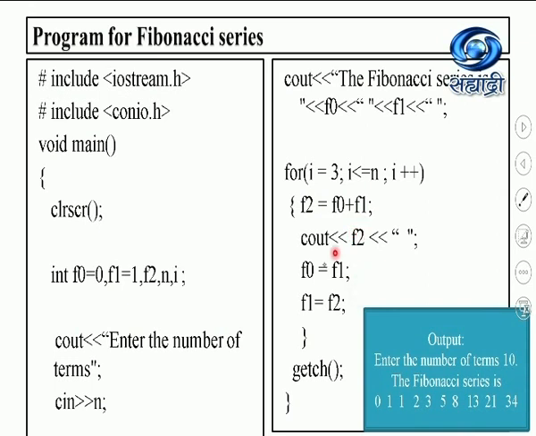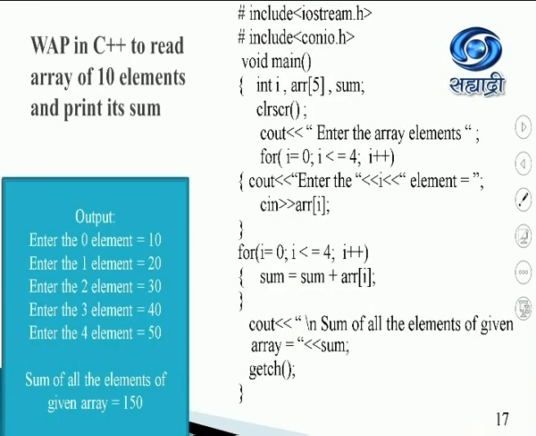Print f2, change the value of f0, change the value of f1, iterate it again till you reach the number n. In this case, it is 10. So I will now print the Fibonacci series up to 10 elements or 10 terms. This is one important program that can be seen in your papers in various formats.